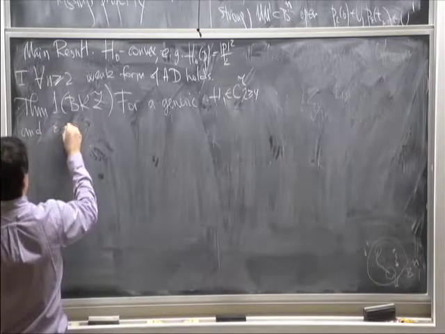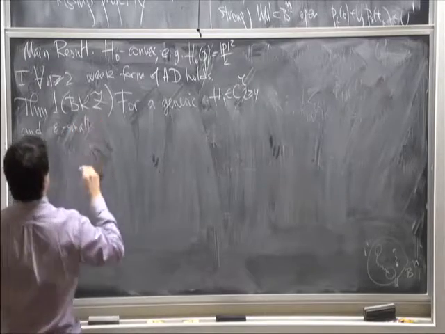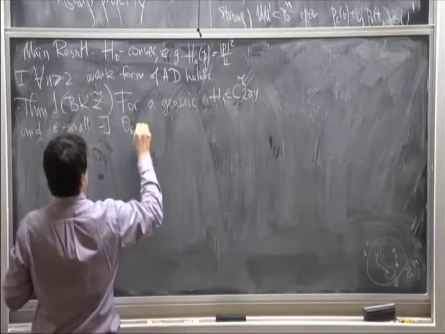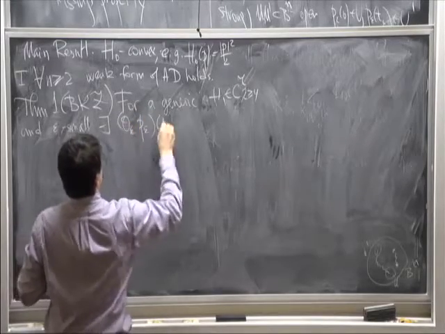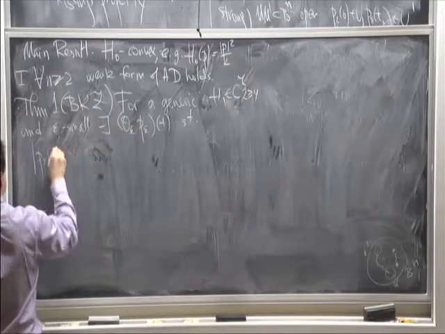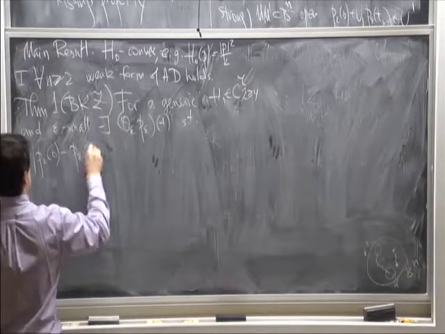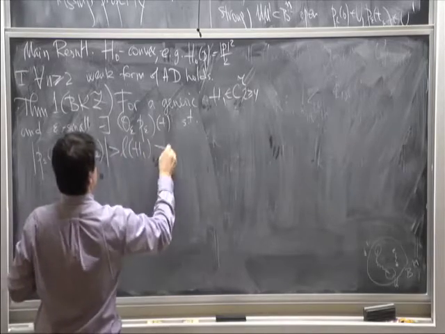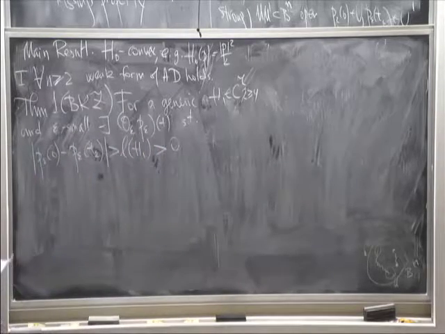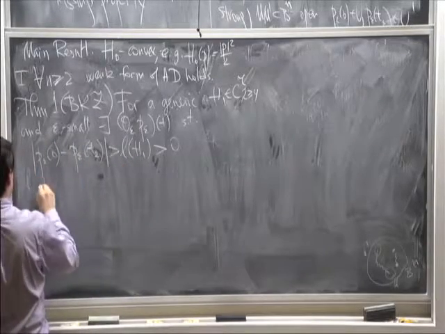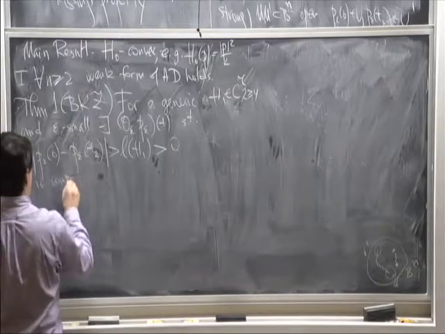epsilon small enough, there exists an orbit, theta epsilon, P epsilon of t, such that the norm of P epsilon of 0 minus P epsilon of T is bounded below by L of H1, which is strictly positive, and independent of epsilon, so L is computable.